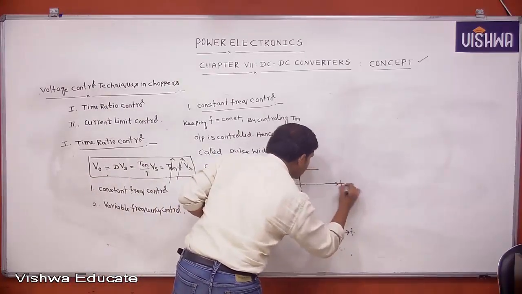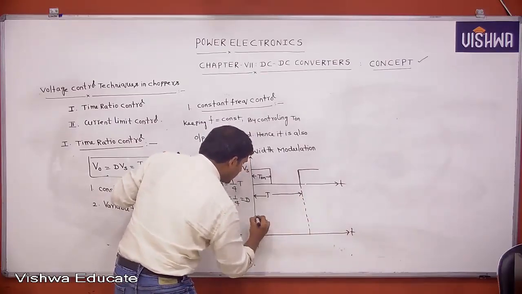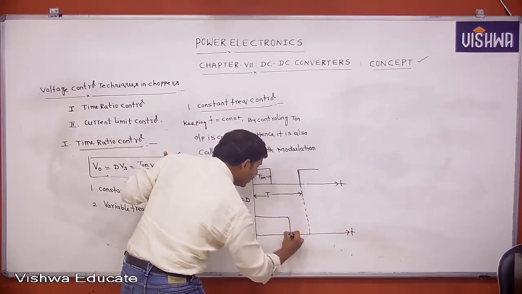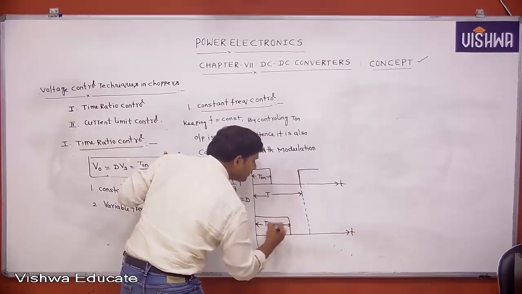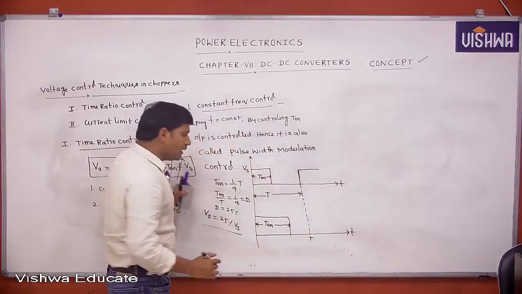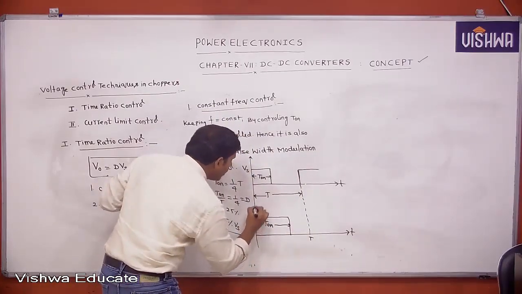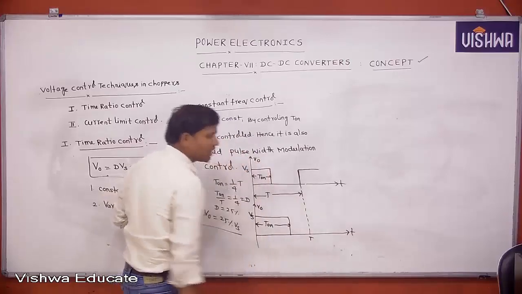Now in the same case, I don't change the time period. The time period remains constant, and I will increase T on. If T remains constant, then frequency is constant.